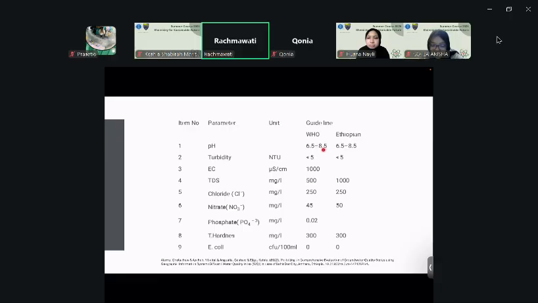So if you have pH paper and you want to check your drinking water, then if it is around 6.5 to 8.5, that's considered normal. And for the turbidity, the cloudiness, it should be less than 5, and total dissolved solids should be this amount, and so on.